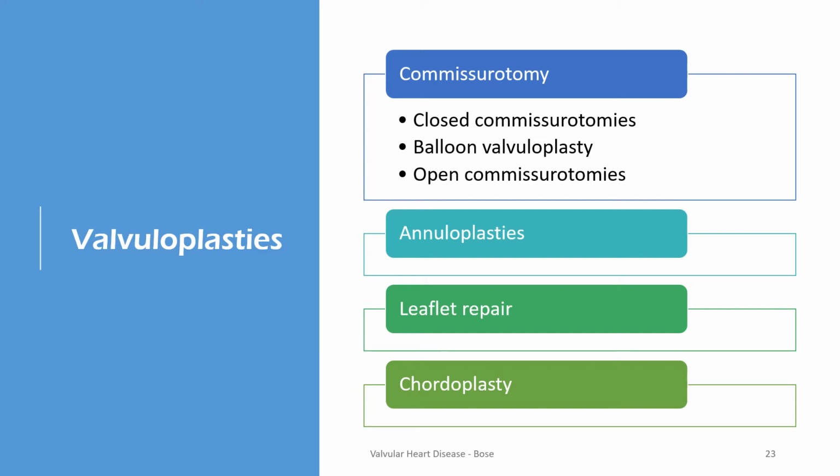Now, commissurotomies can be closed in which it does not require cardiopulmonary bypass. We will refer to cardiopulmonary bypass in the surgery lecture. However, it is a process in which the heart and lungs are supported when the surgery is ongoing. The valve is not directly visualized in a closed commissurotomy. The patient receives usually a general anesthetic and a mid-sternal incision via which the heart is accessed.